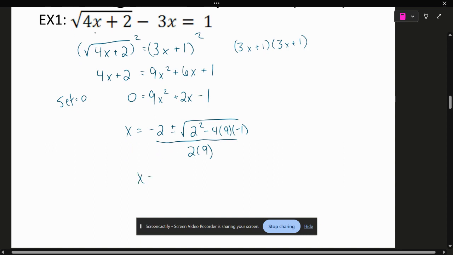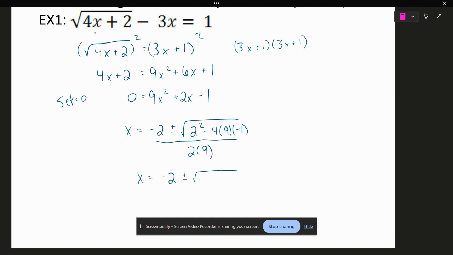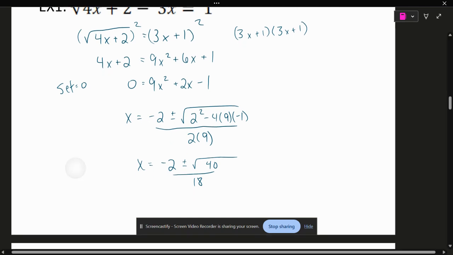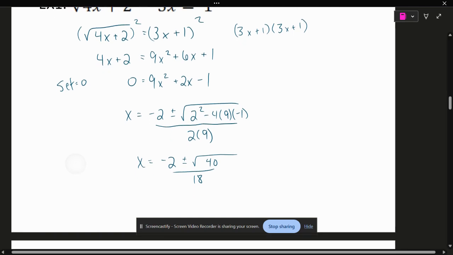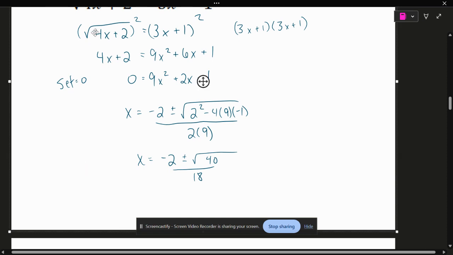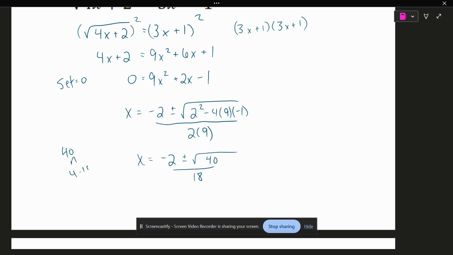So x is equal to negative 2 plus or minus the square root of 4 plus 36, so 40, over 18. 40 breaks down. 40 is 4 times 10, or 2 root 10.